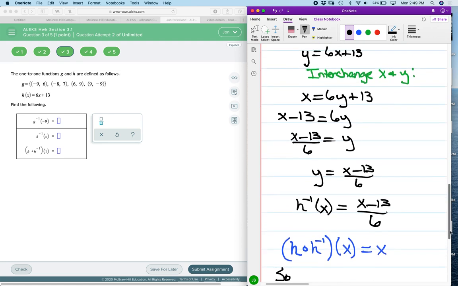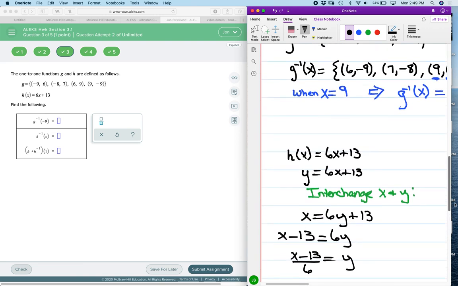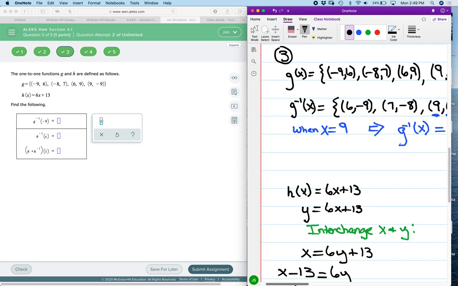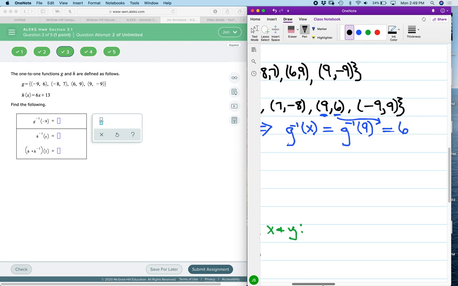All right, so just taking what we have, typing in. In this particular case, the inverse function of g at 9 was equal to 6.